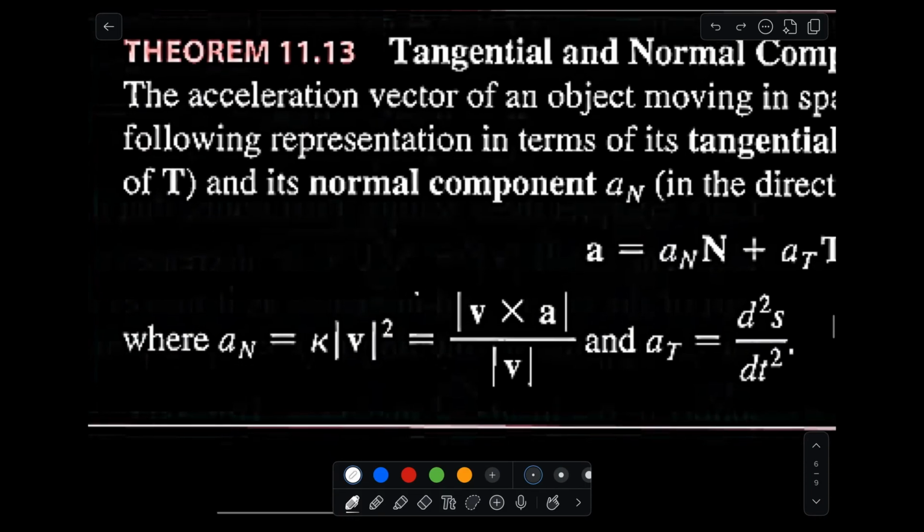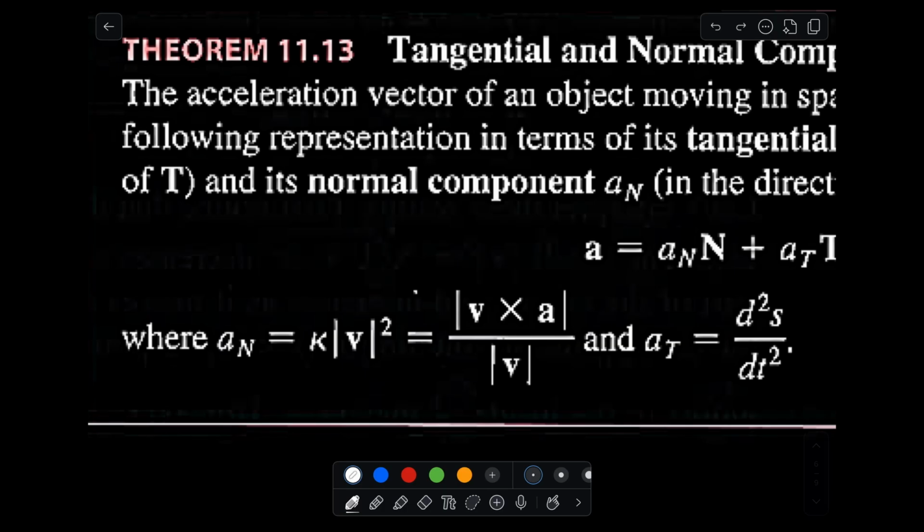And in fact, your normal acceleration looks eerily similar to an idea you would have gone over in physics 1: v squared over r, where for circular curves, what's your kappa? It's 1 over r. That's kind of an elegant way this pops out at you.